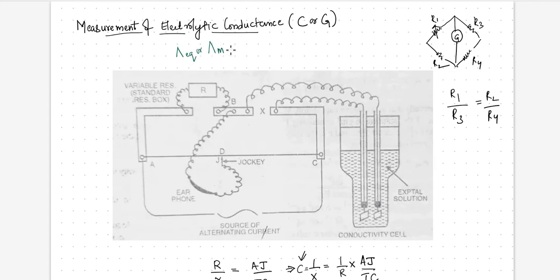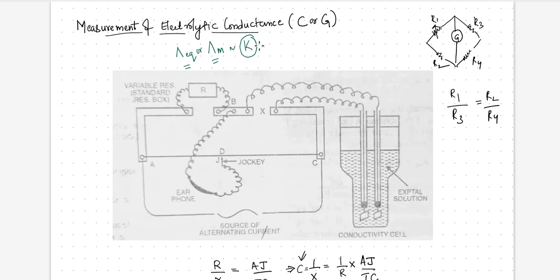Both of these we related to the specific conductivity. So if for a given electrolyte solution you are able to measure the specific conductivity, then you can easily measure the lambda EQ or lambda M.